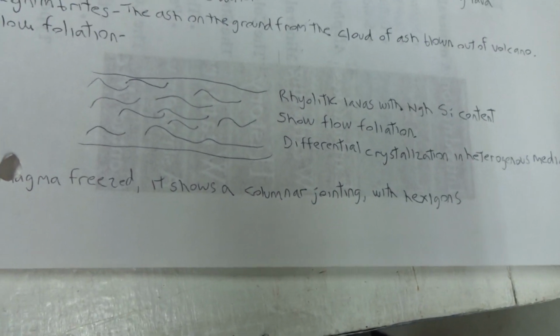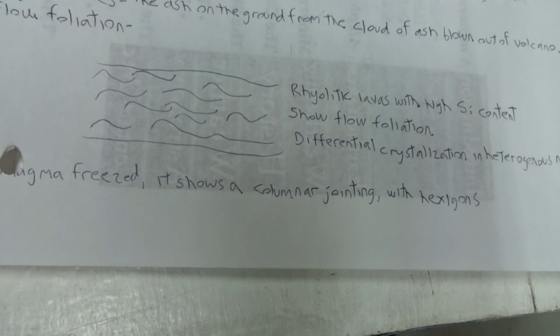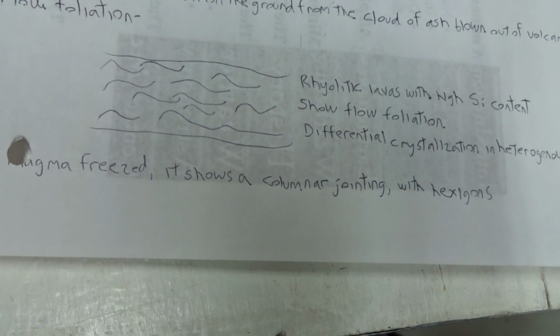They're heavy and they're strewn great distance away from the caldera or crater, and they are ignimbrites. Flow foliation. Rhyolitic lavas with high silica content show flow foliation.